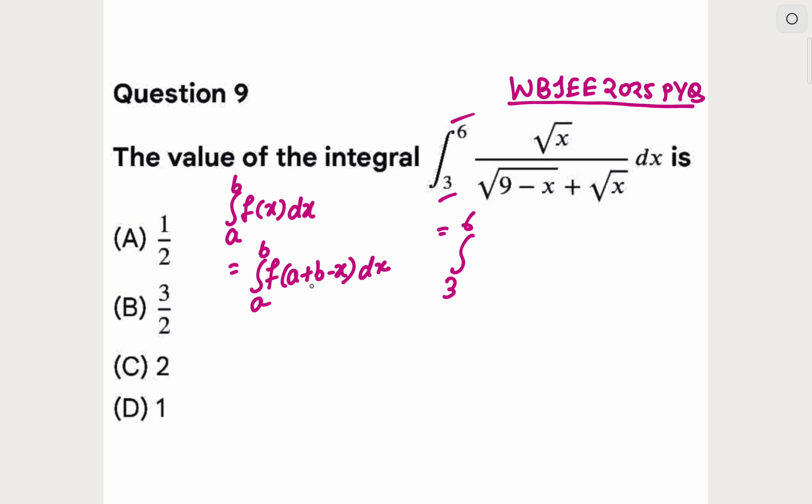See, here we have replaced x by a plus b minus x, so we have to replace x here by 6 plus 3, that is 9 minus x, √9 minus x divided by √9 minus x, because here we are already given √9 minus x. Plus you see 9 minus 9 minus x, so it will become √x plus √x.